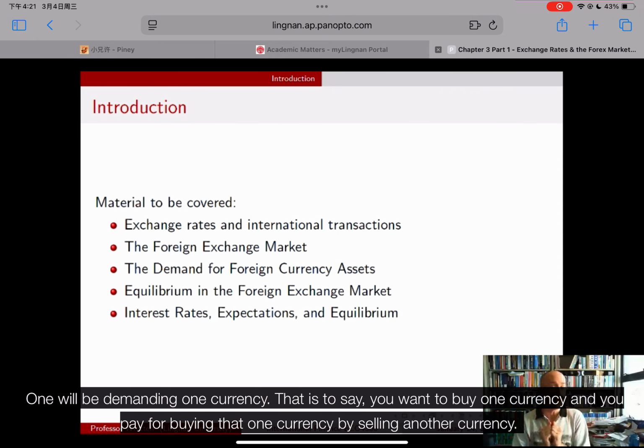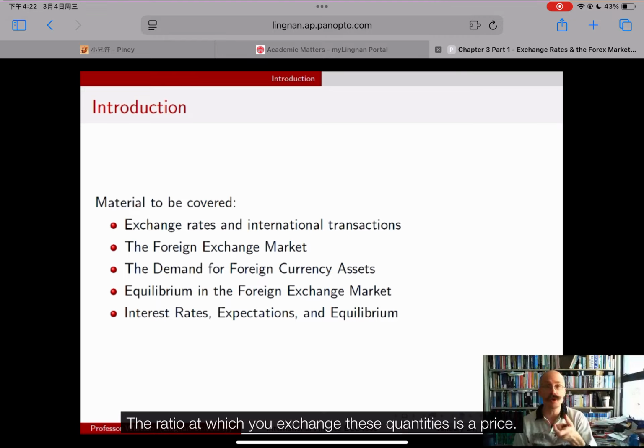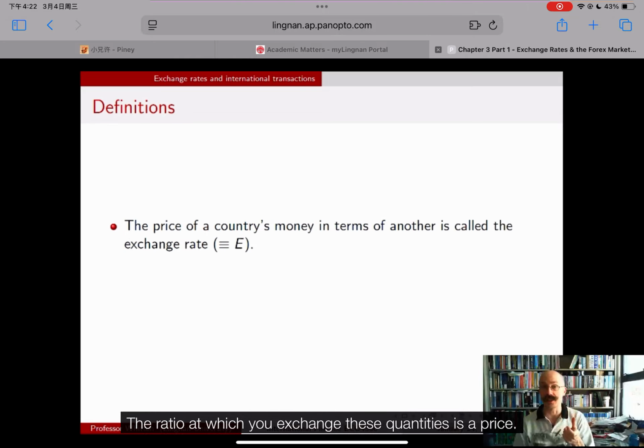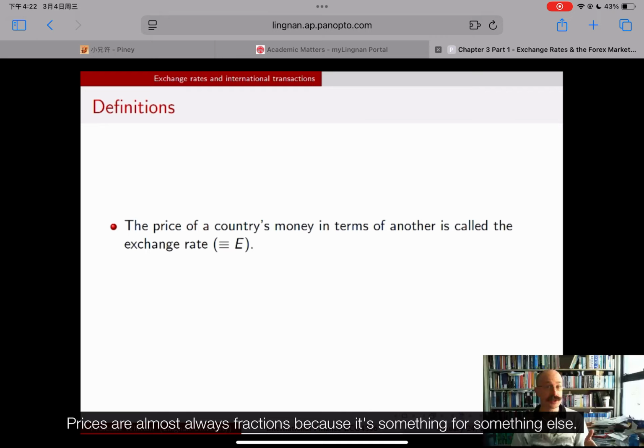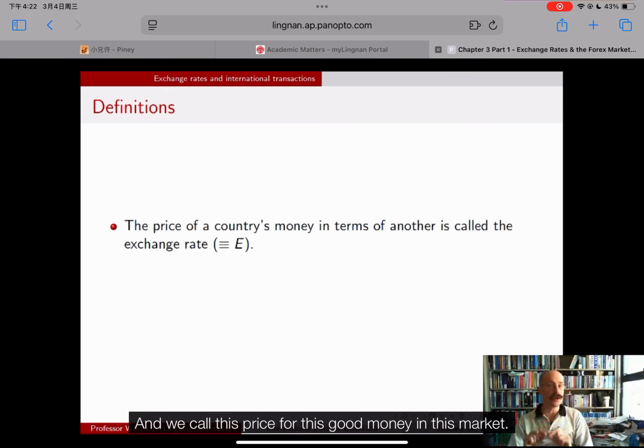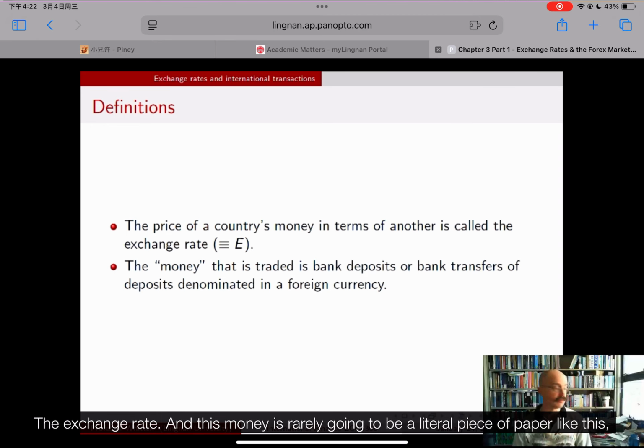One will be demanding one currency, that is to say, you want to buy one currency, and you pay for buying that one currency by selling another currency. The ratio at which you exchange these quantities is a price. Prices are almost always fractions because it's something for something else. And we call this price for this good, money, in this market, the exchange rate.